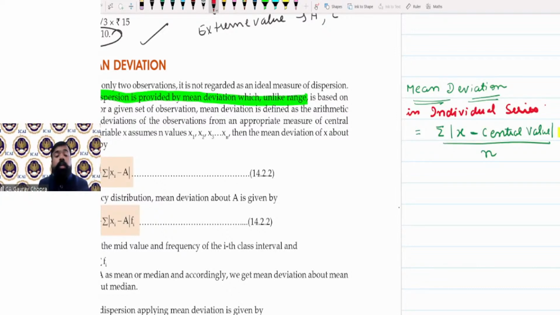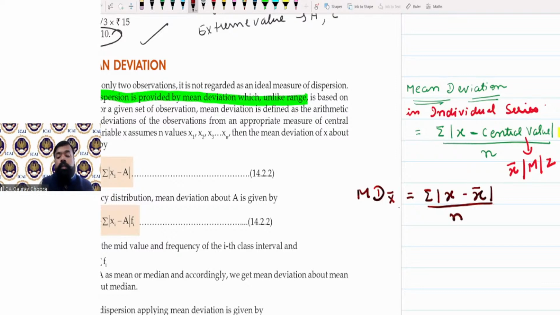So what is the central value? This central value can be mean, that is x bar, or it can be median, or it can be mode. If we have to take mean deviation from mean, the formula will be sigma mod x minus x bar upon n.